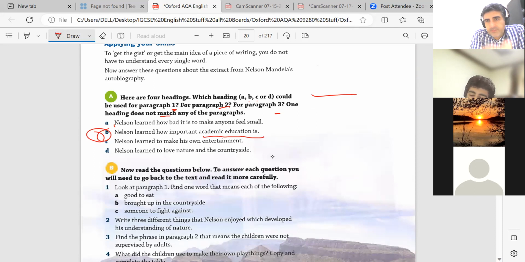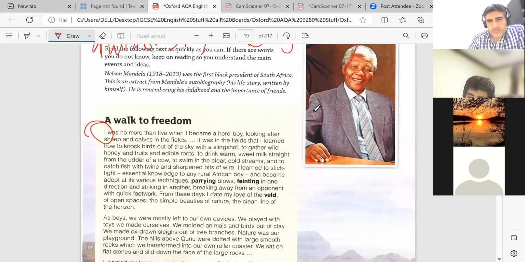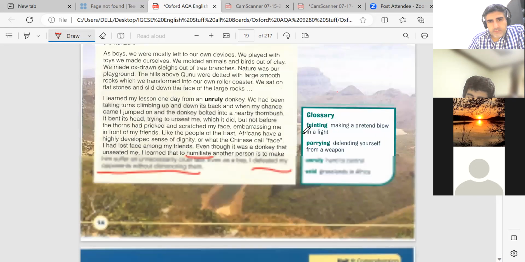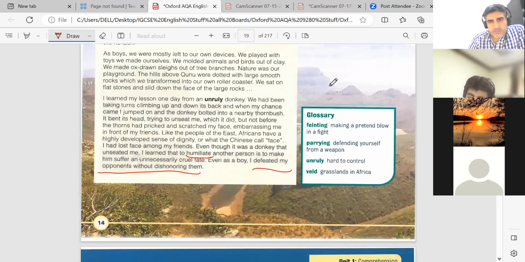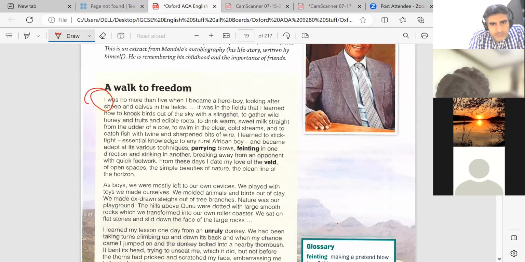I found it in the middle of paragraph 1, the 5th line from the bottom. It said essential knowledge to any rural African boy. So I guess that's the meaning from this sentence.